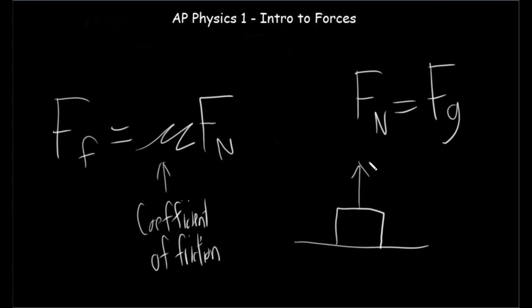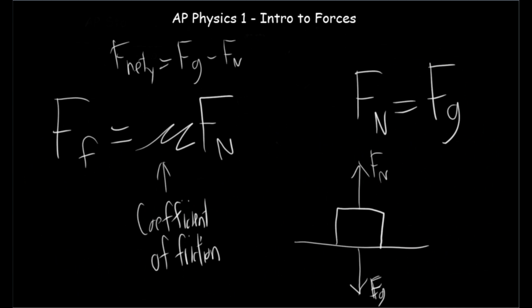In that situation, the net force in the y direction is equal to 0 because it's not moving, which means that these two variables are equal to each other, because the net force in the y direction is equal to, oh wait, no, not force of gravity, normal force minus the force of gravity is essentially what it's equal to.